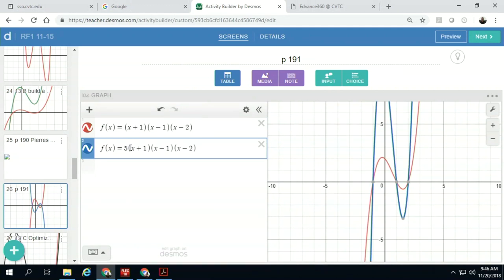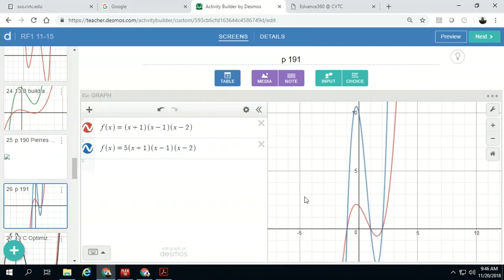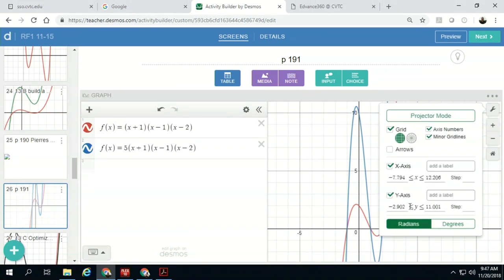So she put in a 5 there. So now our graph got stretched out. So instead of being 2.744 tall, it's 13 tall. Let's just make sure that it's 13 from the top to the bottom.